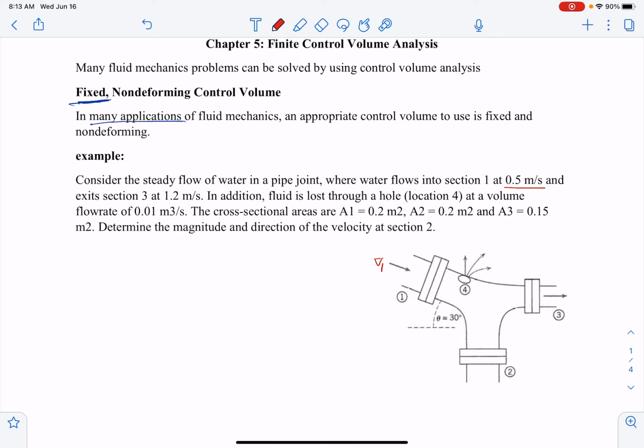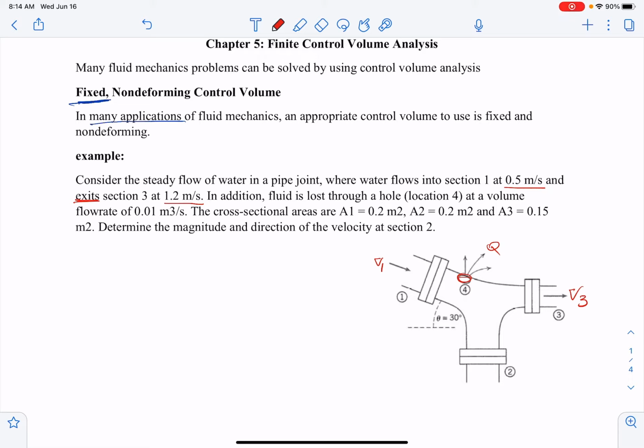We also have another flow that exits section 3, which is V3, with a value of 1.2 meter per second. And we have a small hole here with a volume flow rate of 0.01 cubic meter per second.